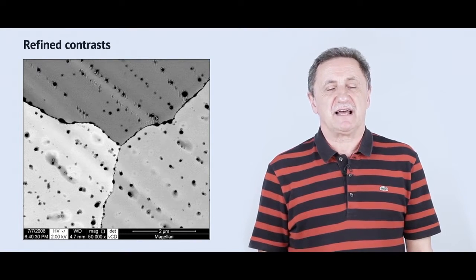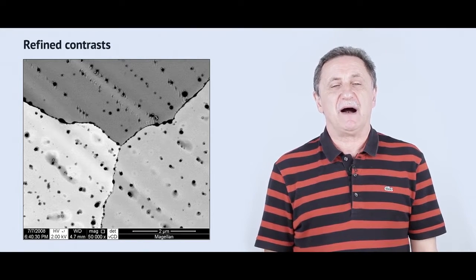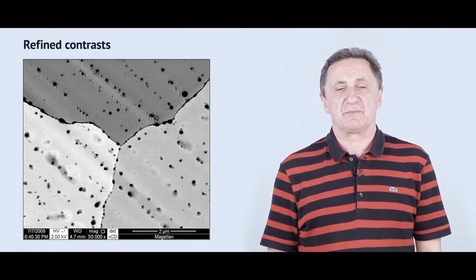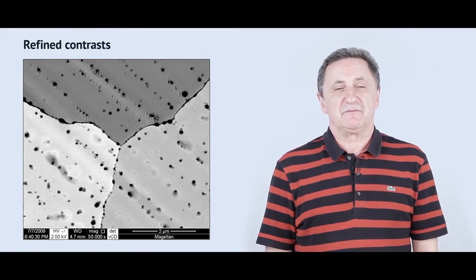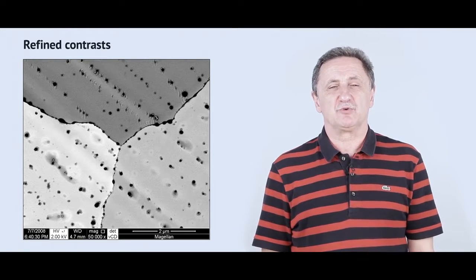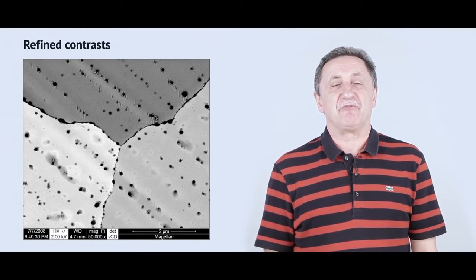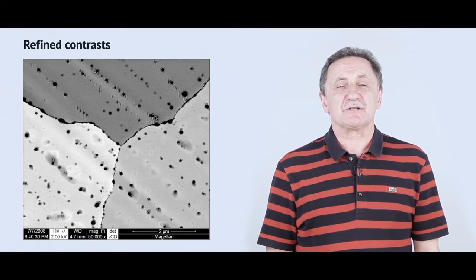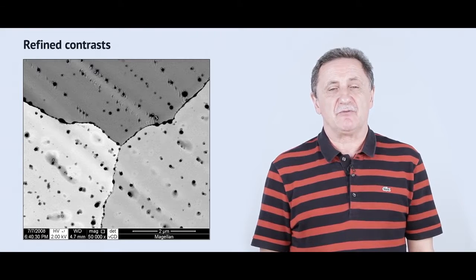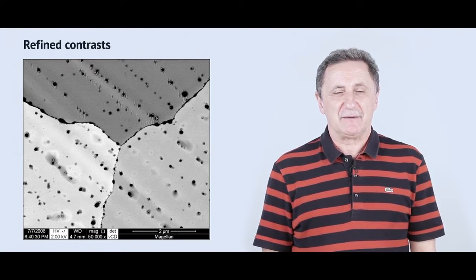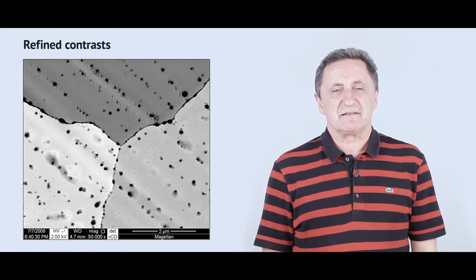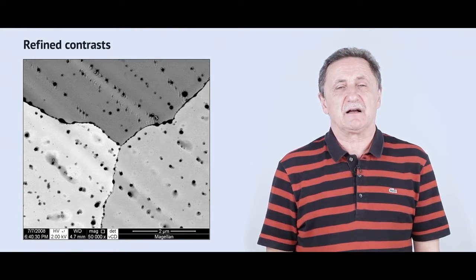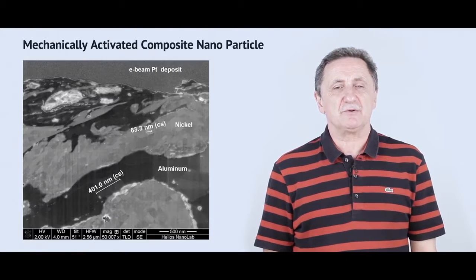This kind of analysis, especially when you combine it with energy dispersive spectroscopy analysis, will give an extremely powerful tool to define the phase distribution in your sample, even without using any kind of diffraction technique. That's a very specific feature of the backscattering mode.